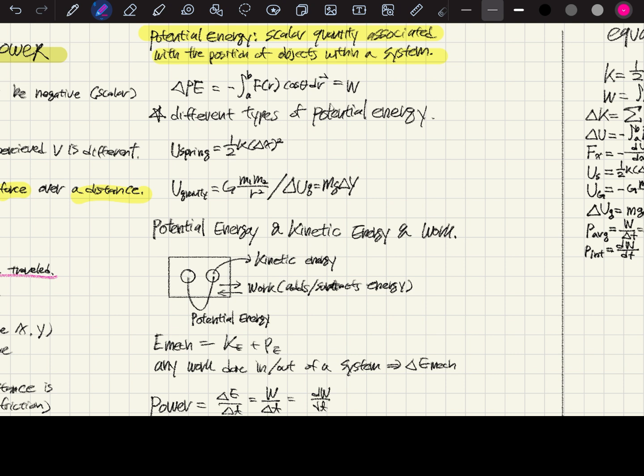So gravity is also similar. In a way, gravity is kind of like a giant spring because it's also a force that's trying to bring something back to its original position. This is probably the thing you're going to use the most for gravitational energy: mass multiplied by the gravitational Earth constant multiplied by the change in height.